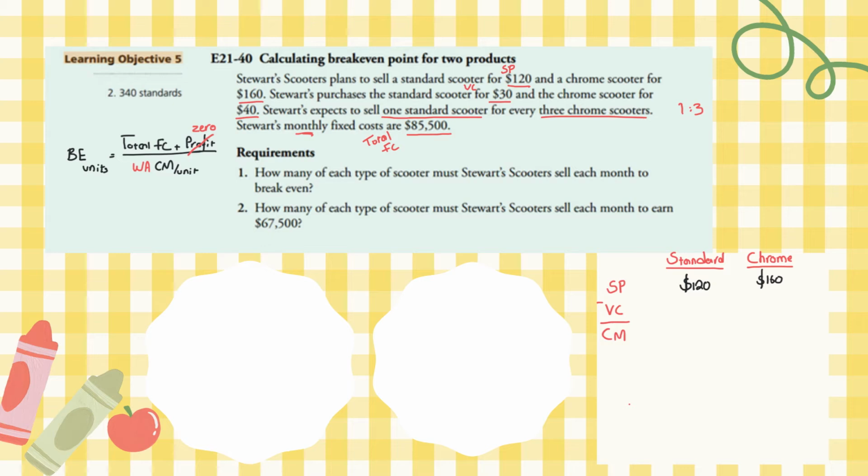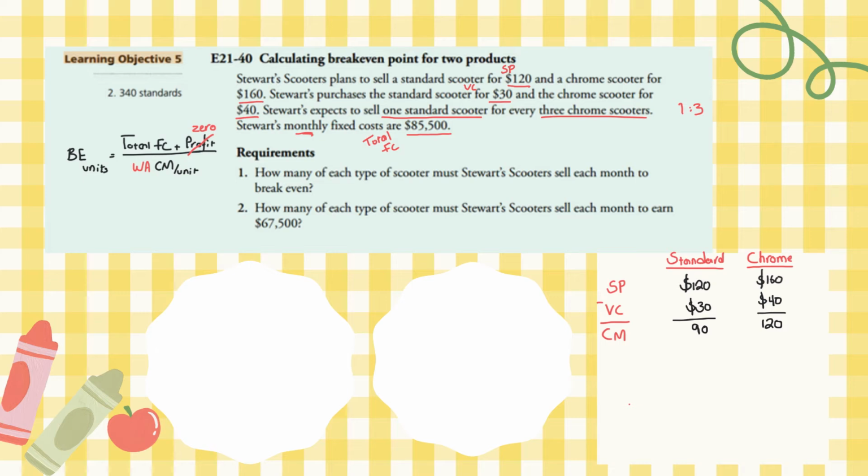Variable cost is $30 for the standard and $40 for the chrome. So 120 less 30 is 90, and 160 less 40 is 120. These are my contribution margins per unit for the standard and for the chrome.